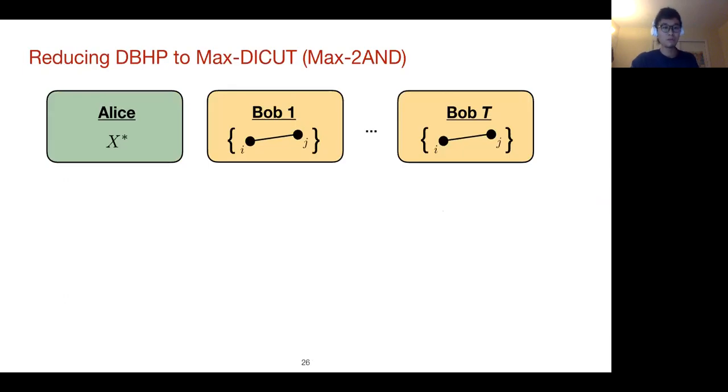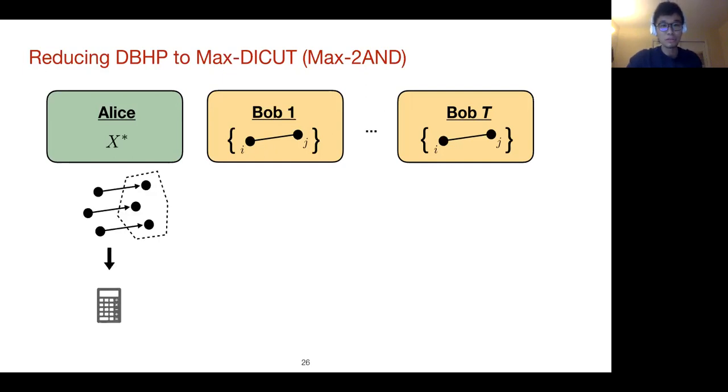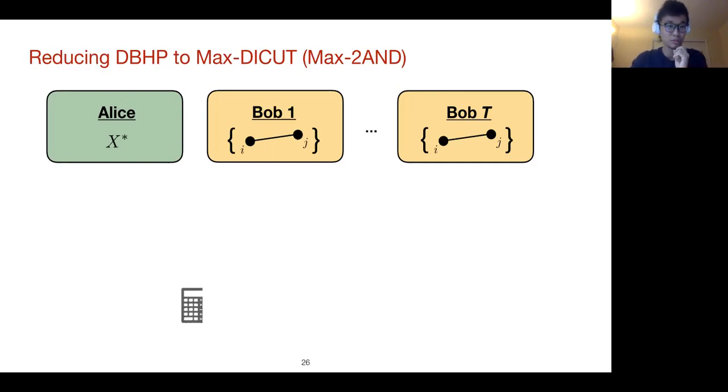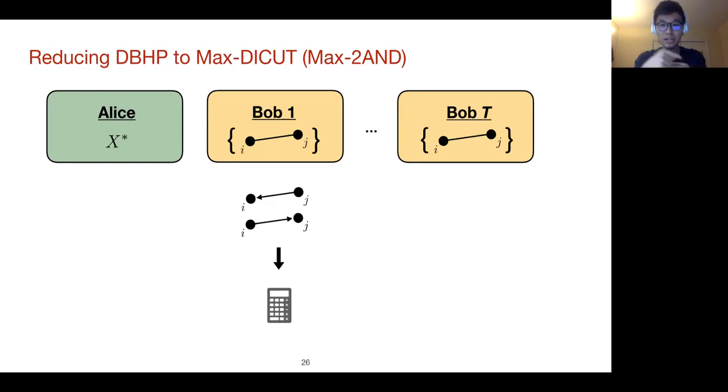And how about for Max-DICUT? Then this becomes very straightforward. Alice will use the cut she has to create some biased edges inserted into the streaming algorithm. And the Bobs just insert a directed cut in both directions into the streaming algorithm.